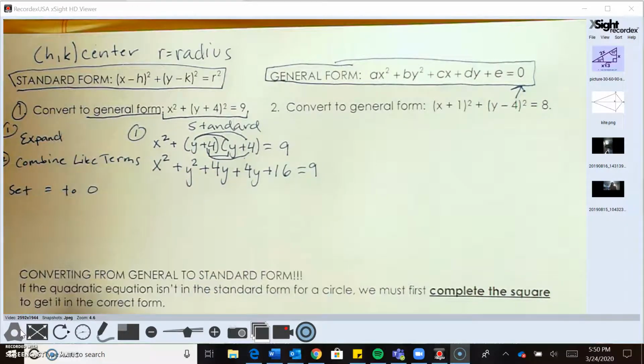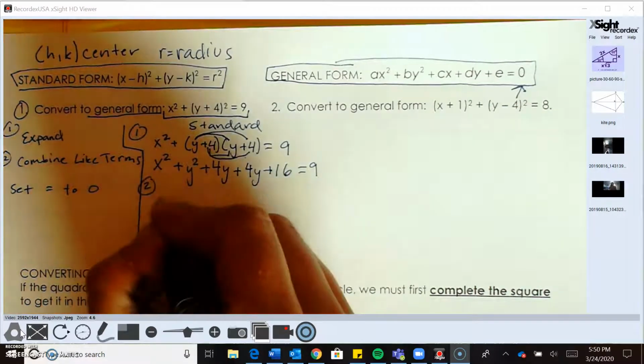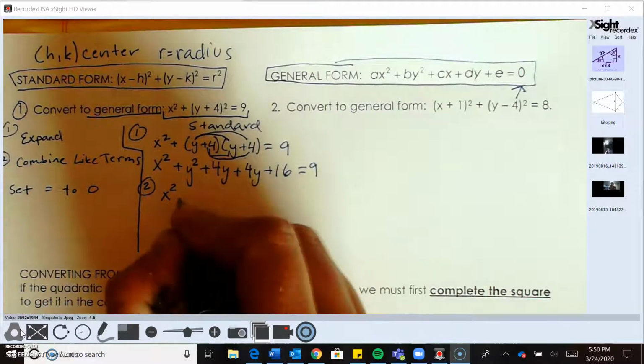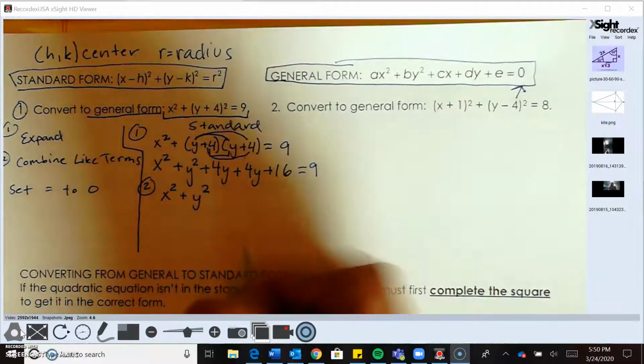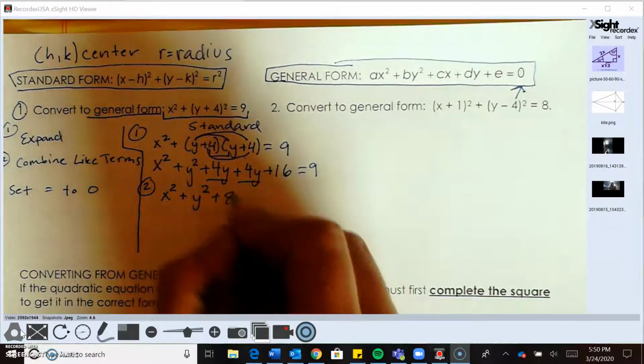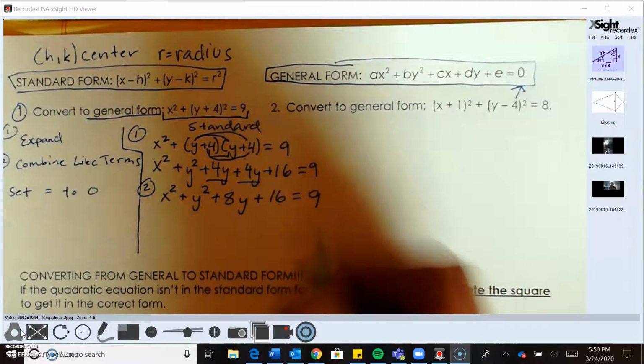Now step 2 says to combine my like terms. X squared, I don't see any more of those, so I can write it down. Plus y squared, there's no more of those. Plus 4y plus 4y gives me 8y, plus 16 equals 9.